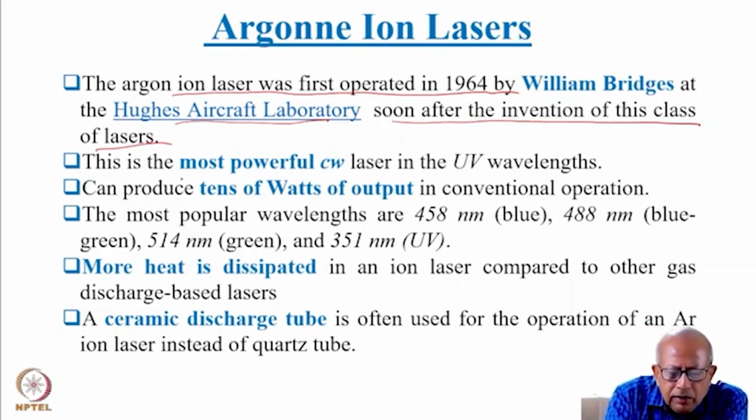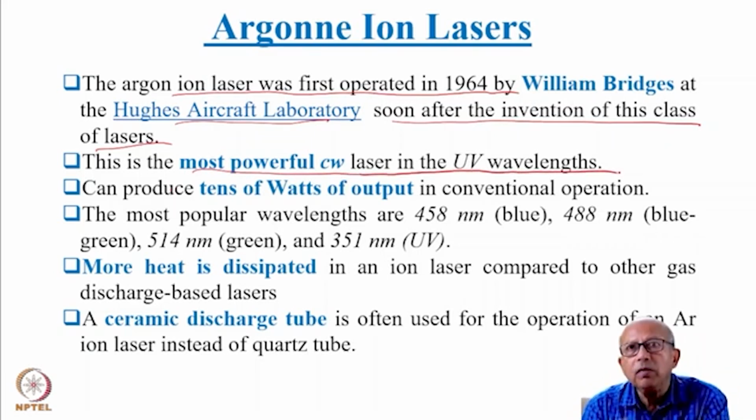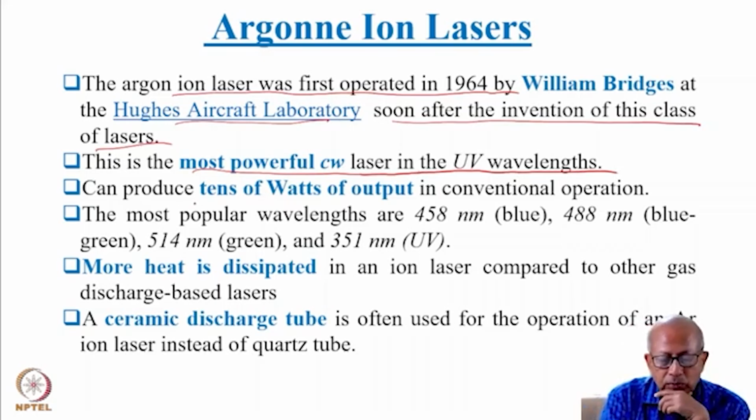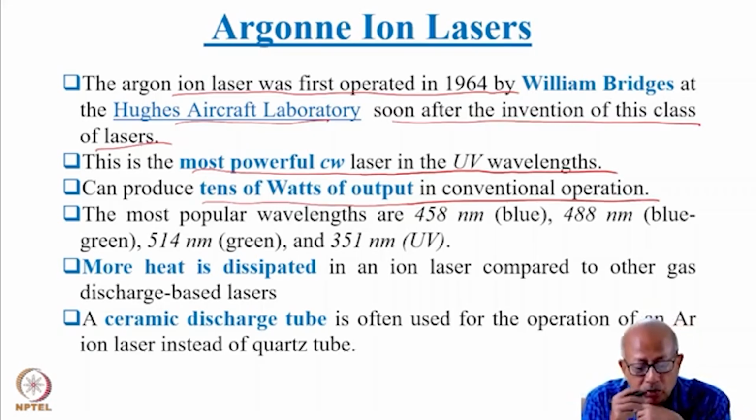Argon ion laser is the most powerful continuously working laser in the ultraviolet range. It can actually produce tens of watts of output in conventional operation. See, if it has to produce tens of watts of output, and if the operating efficiency is low, you can imagine how much power is being drawn from the line.